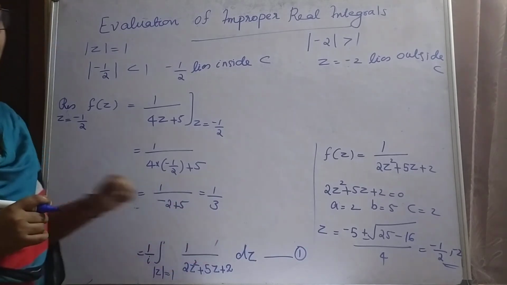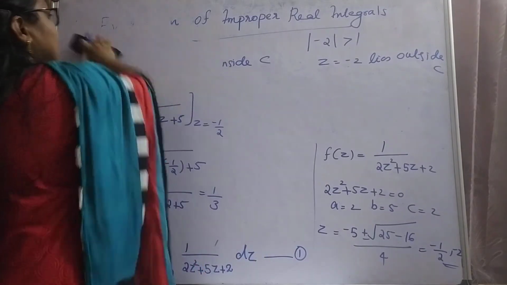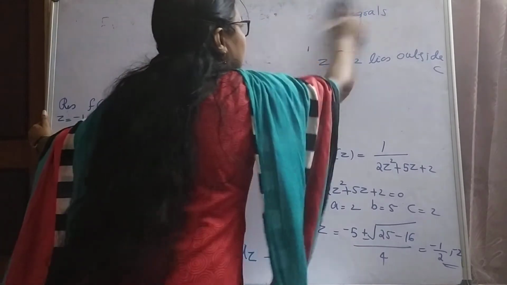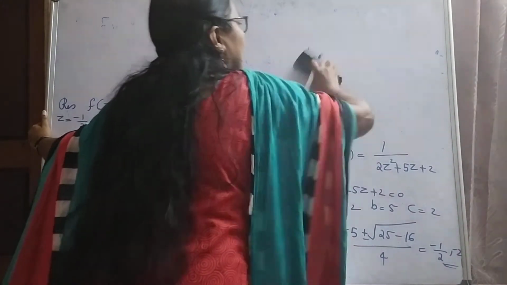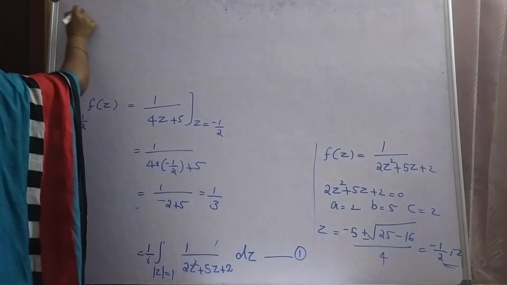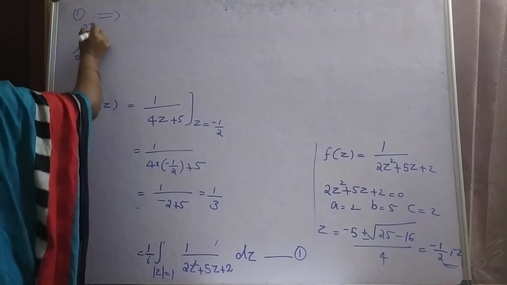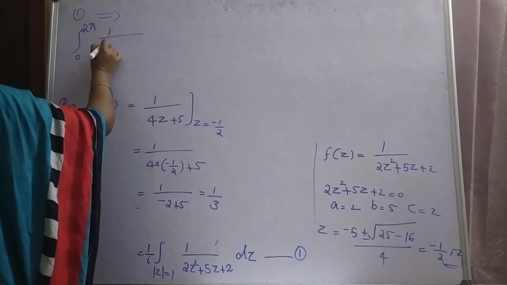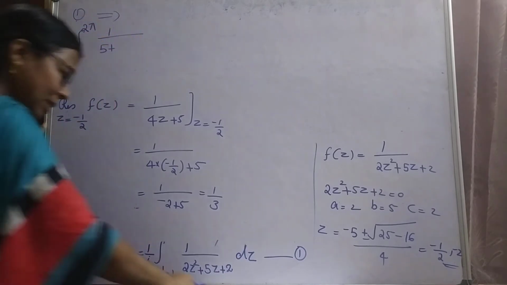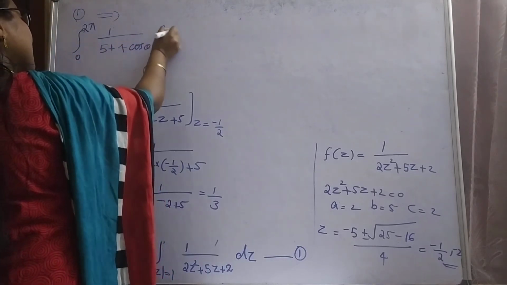Now from equation number 1, our question is integral 0 to 2 pi 1 by 5 plus 4 cos theta d theta.